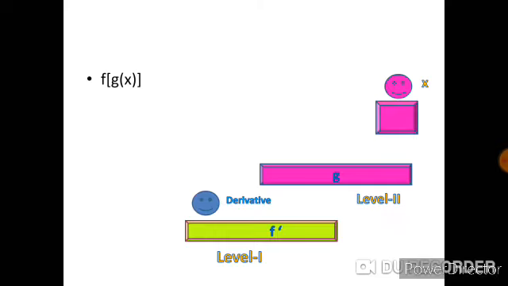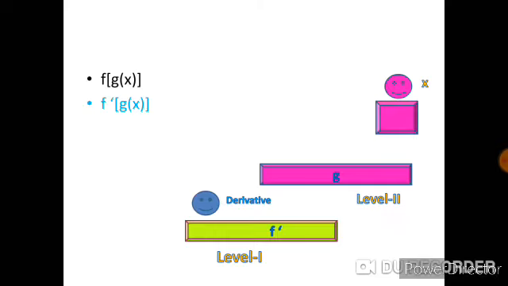While we do this on the first level, there is no change in the second level as well as x. So we get f dash of g of x.